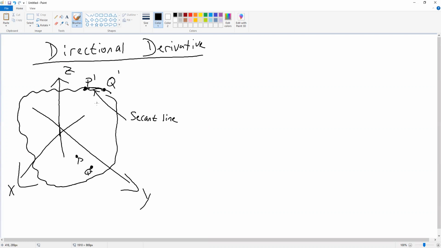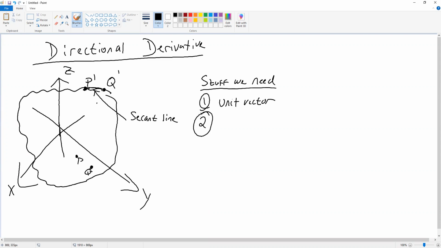Okay. So we're just going to say stuff we need. We're going to need a unit vector. And if we have a unit vector, we're also going to need something very specific.